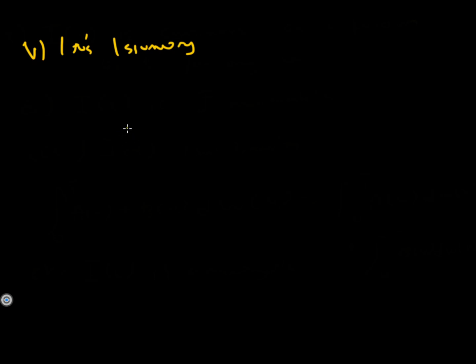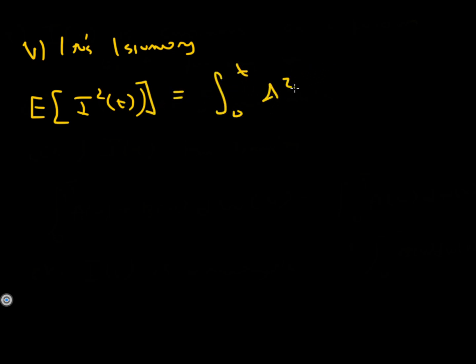So what was Ito isometry? Ito isometry states that the expected value of the Ito integral squared will simply be a Lebesgue integral from 0 to t of the process squared. This, in this case, is the general process instead of a simple process.